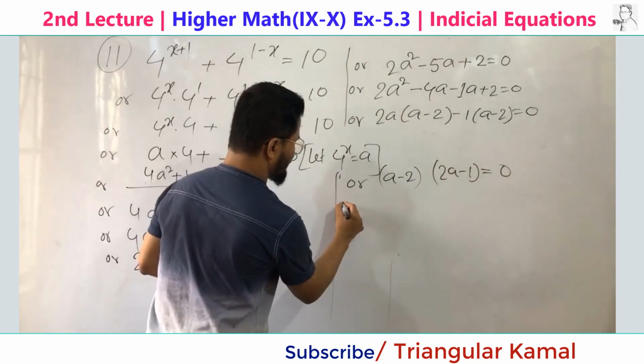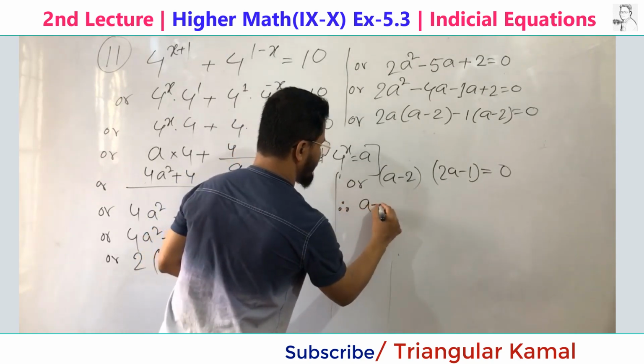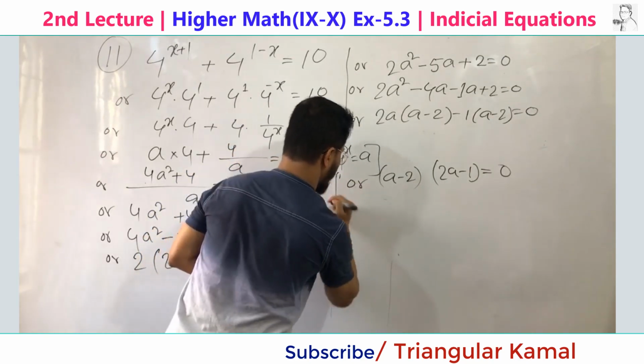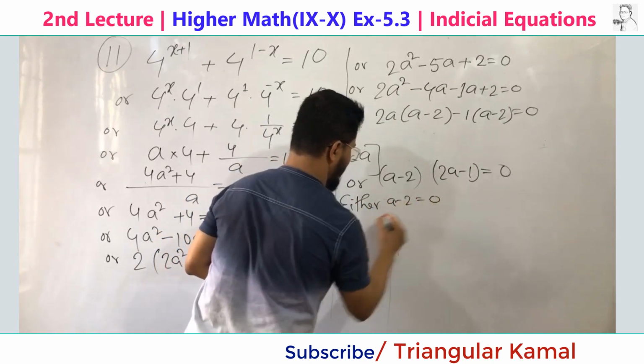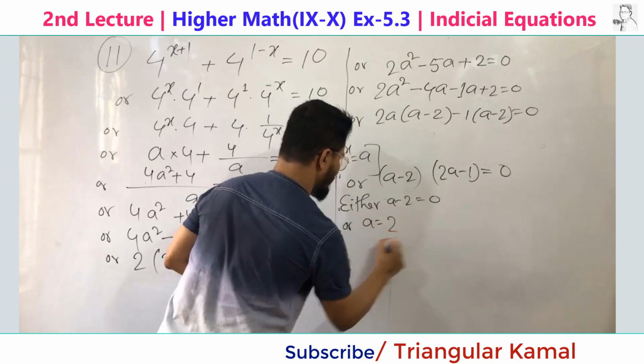So either a minus 2 equals 0, or a equals 2.